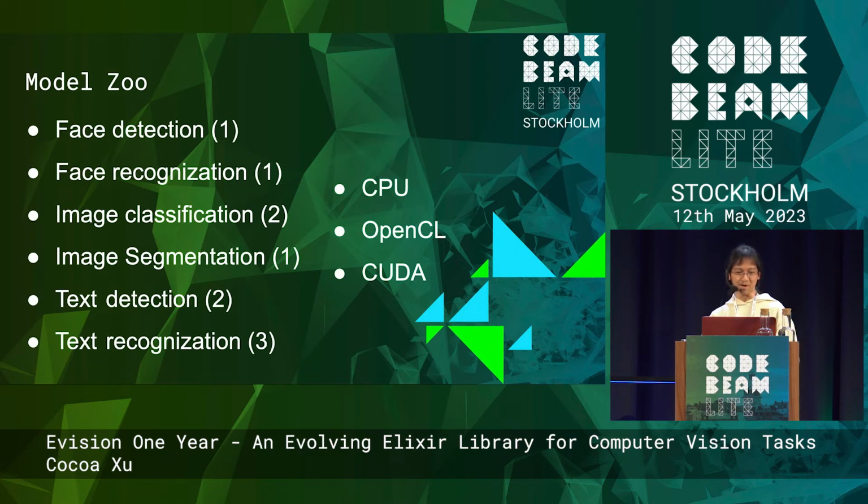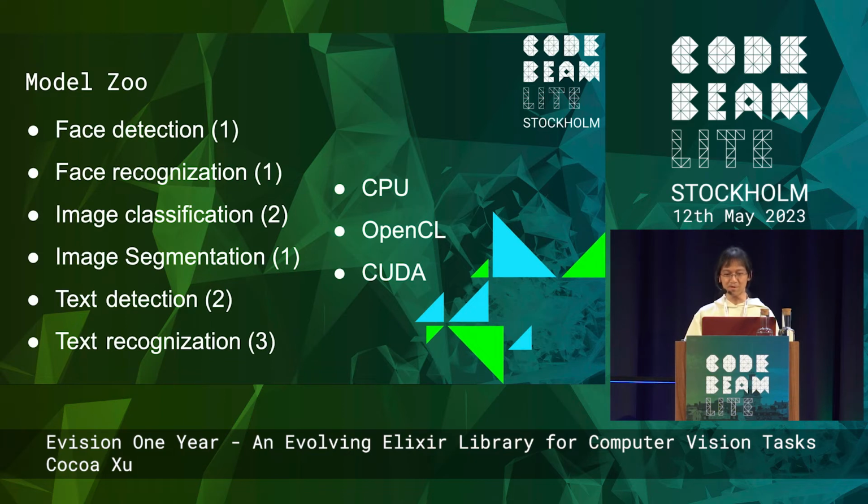So we have face detection, face recognition, image classification, image segmentation, text detection, and text recognition. Those numbers after those classes are how many neural networks we have in the model zoo. And I think we need to double that because we have the quantized version, which is basically using integer 8 or 16-bit float.